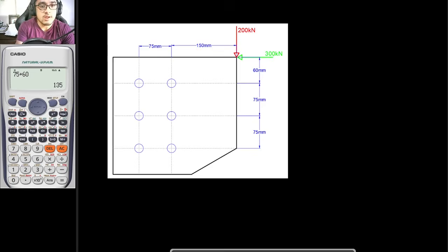So for direct shear, once again, this is to be your system. Since we are to consider this joint right here to be in static condition, meaning these connections wouldn't move, it is then in equilibrium condition.